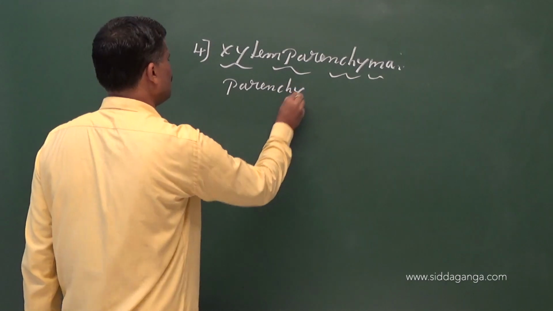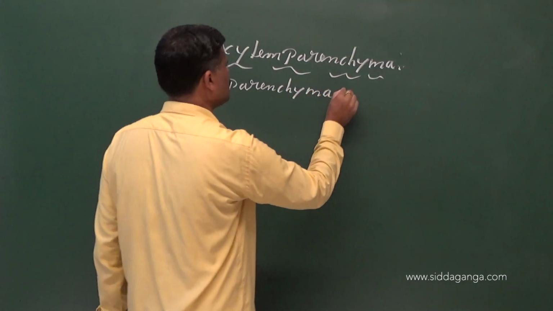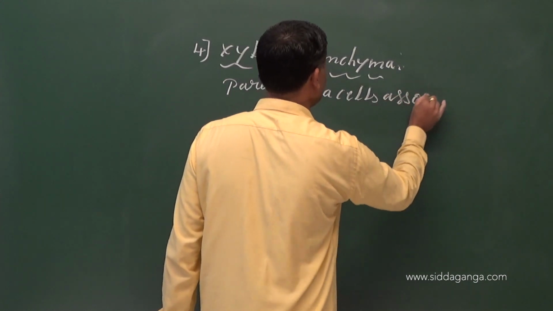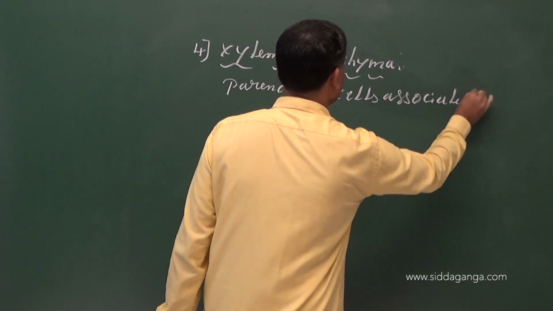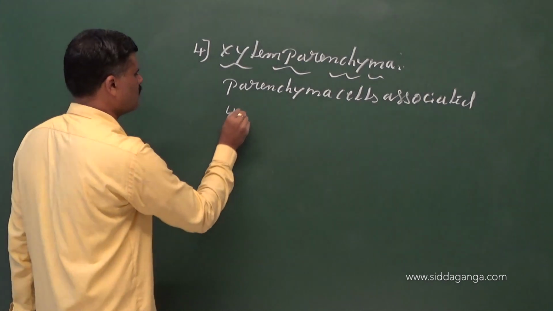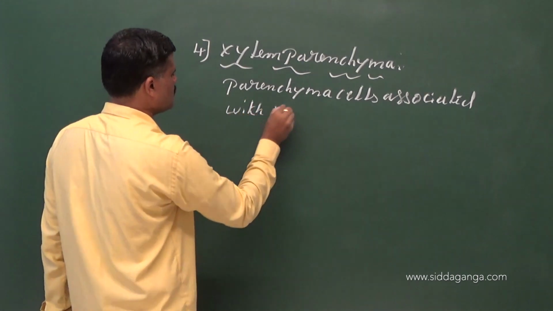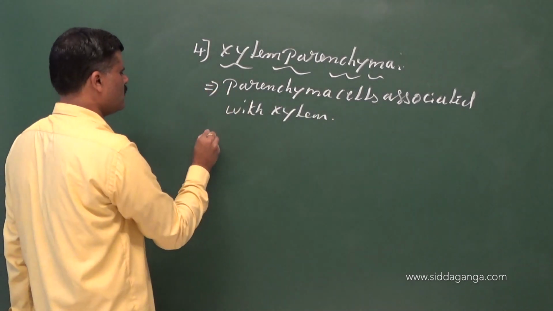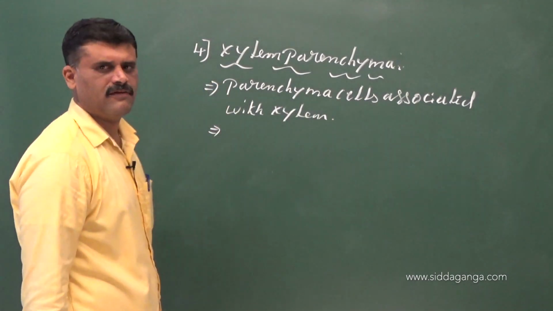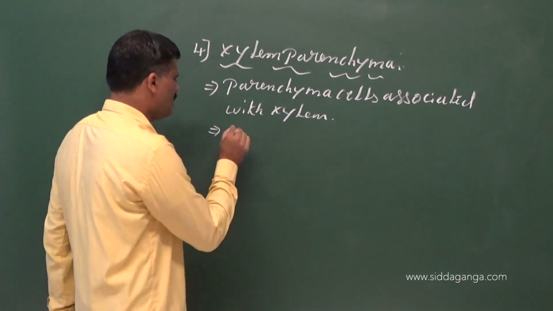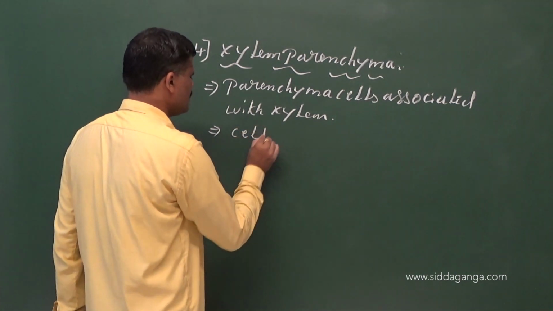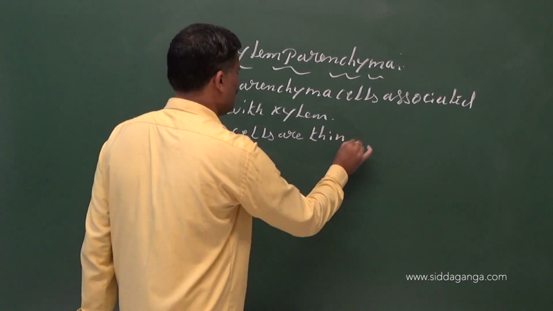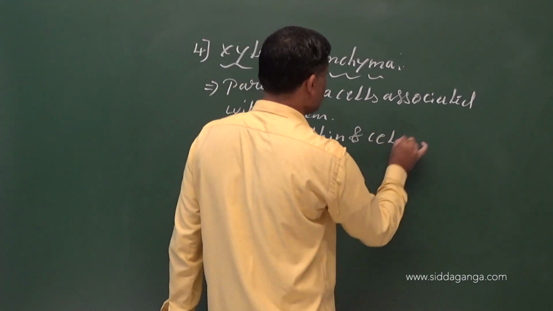Parenchyma cells associated with xylem are called xylem parenchyma and it is living tissue. But here the cells are thin and cellulosic.